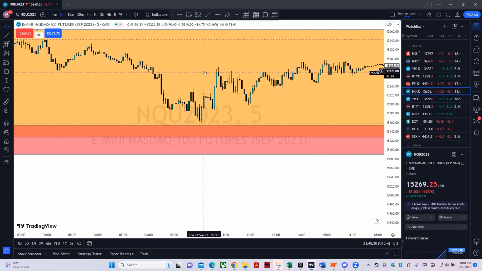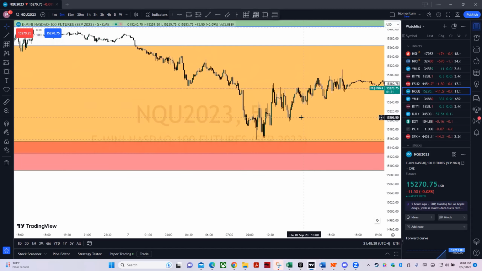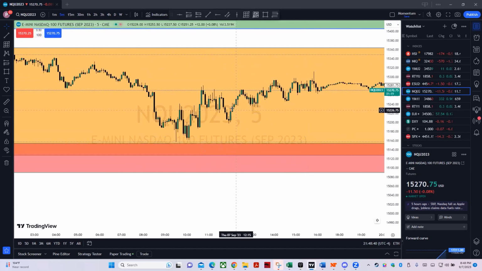But here is what I would say. Make sure when it comes down, and it will retrace, that when it does, especially because this was the lunchtime macro. So you had London close here, retracement, a fair value gap created, buy side liquidity there, take out the sell side, and then run the highs.